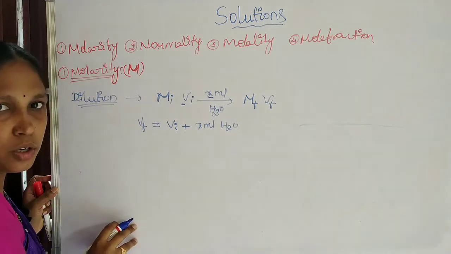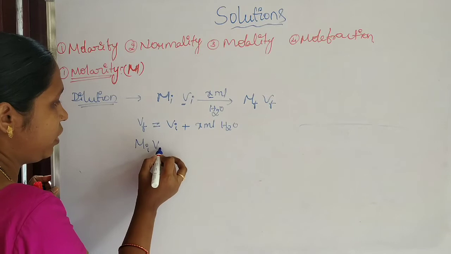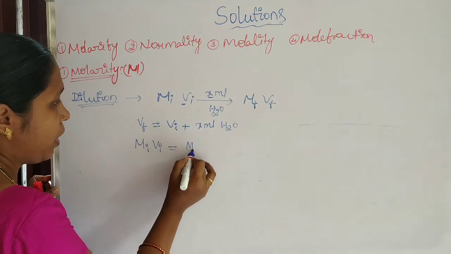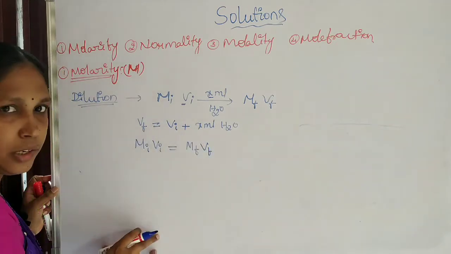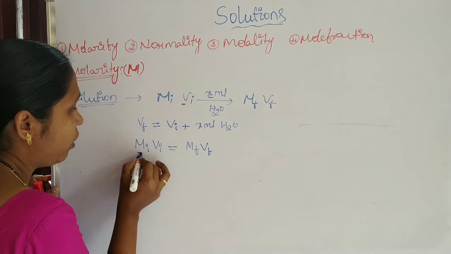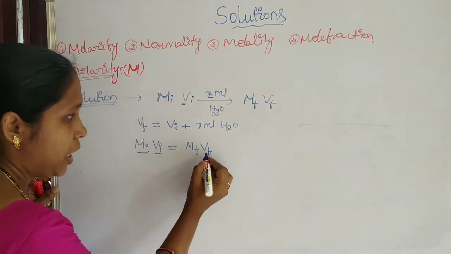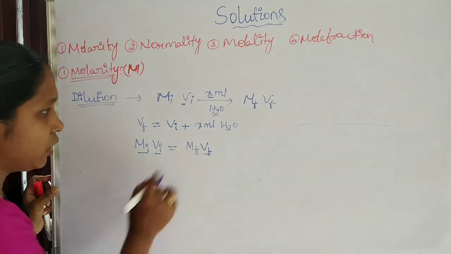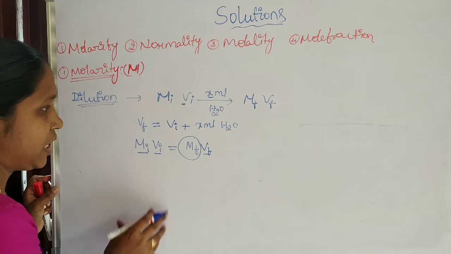Here we use the formula M initial V initial equals M final V final. If you know the molarity and volume of the initial solution and the volume of the final solution, you can readily calculate the molarity of the final solution.